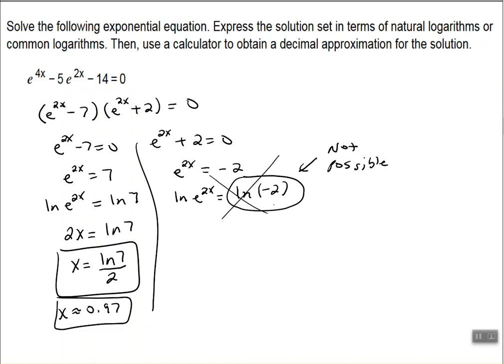So my final answer is, the exact answer is x equals natural log of 7 over 2, and the approximation for that is approximately 0.97.